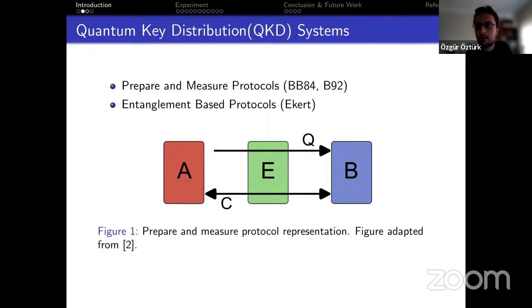At the receiver party, Bob receives these signals and measures the incoming signals in a random basis. After this operation, they communicate over an authenticated classical channel and compare their bases. And after key sifting and privacy amplification procedures, they calculate the errors.